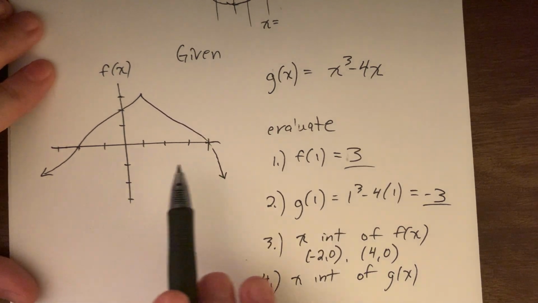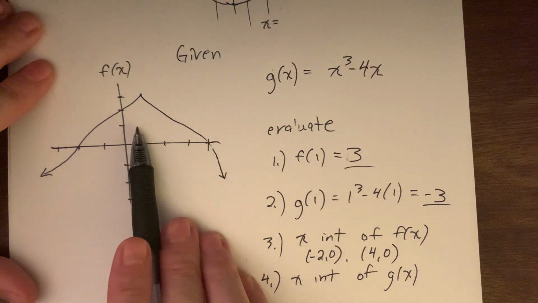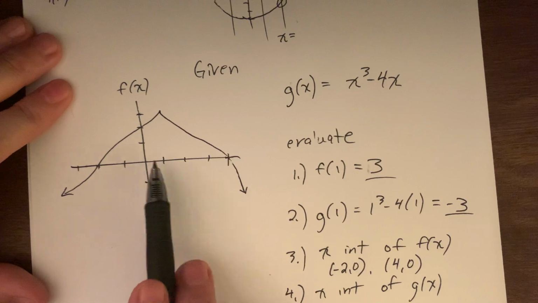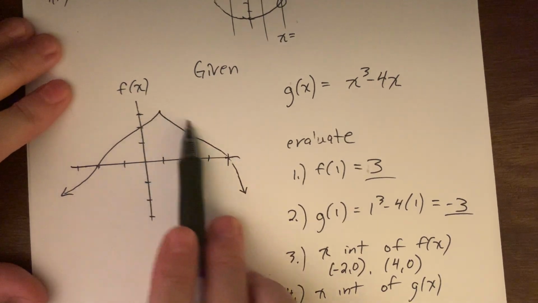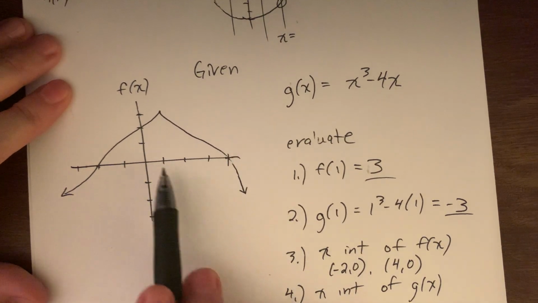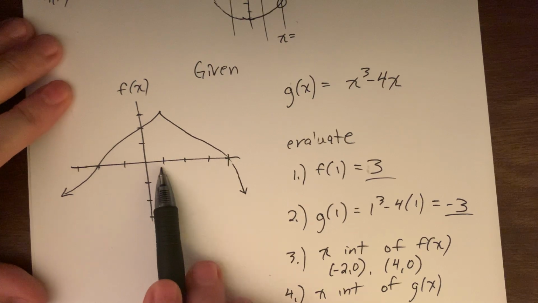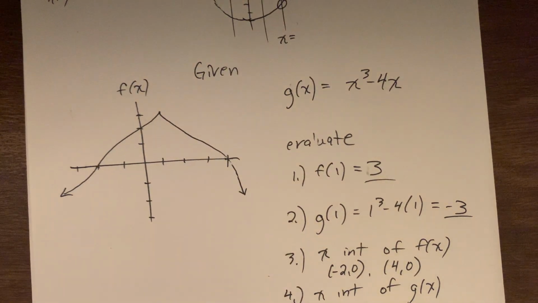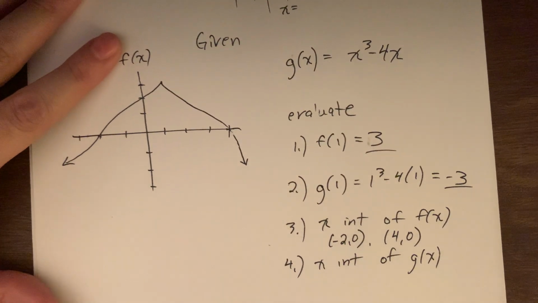If I asked you, where is this graph going down? That would be an interval. It starts going down right after the x value of 1, and it keeps going down forever. So I would say it goes down from 1 to infinity, and that would be an interval. But again, that'll be something else we come back to and talk about once we get into a lot of the work in calculus.